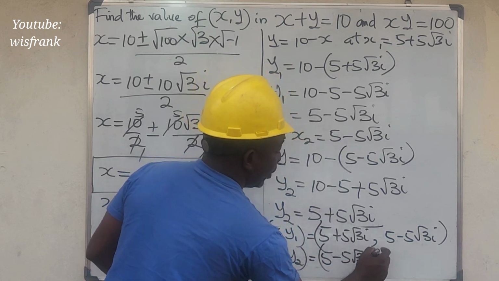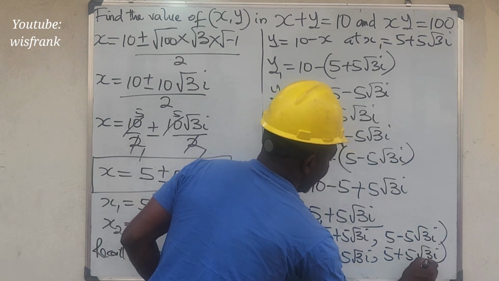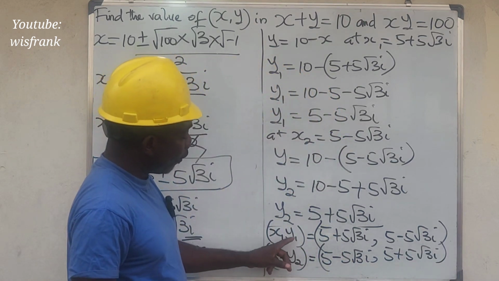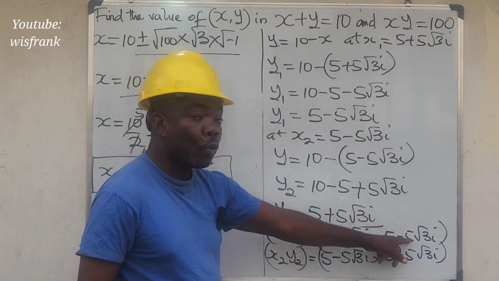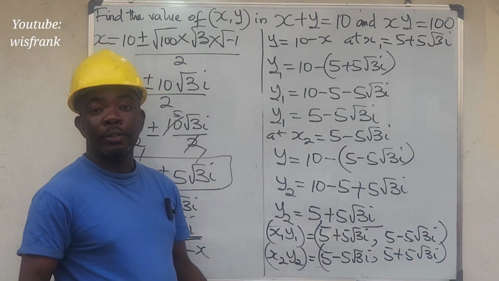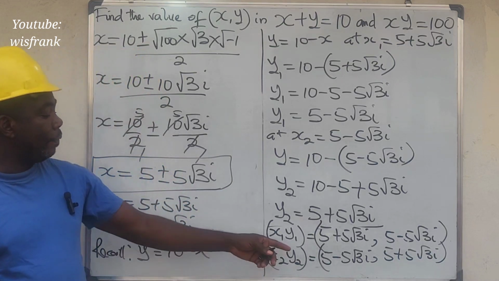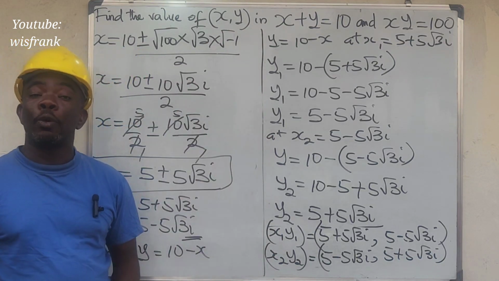Then our y2 is 5 plus 5 root 3i. So you can see that the value of x1 equals the value of y2, and the value of y1 equals the value of x2. So doing, we can do a little check for us to see whether the values of x and y can satisfy the expression that we are given.